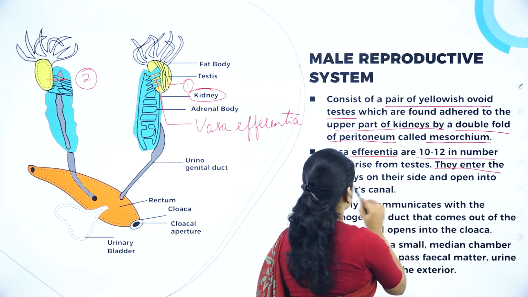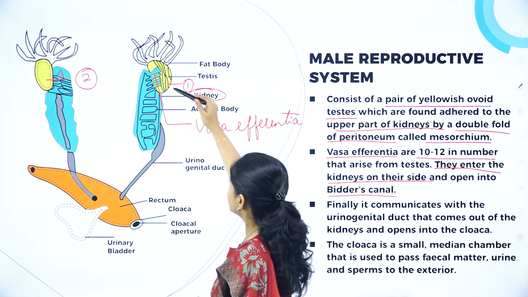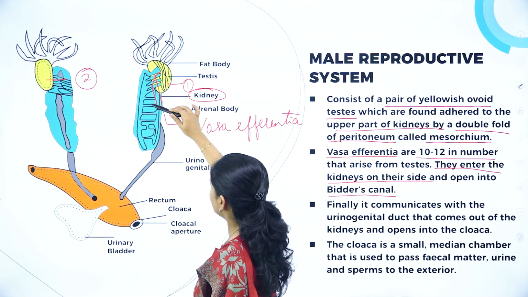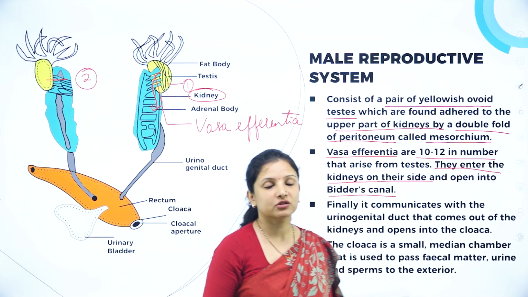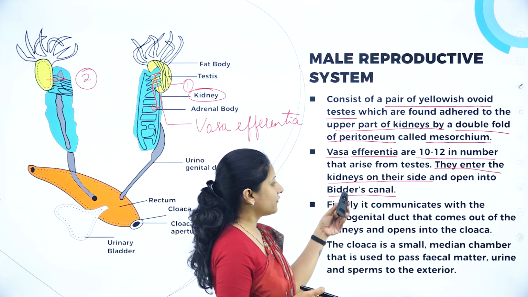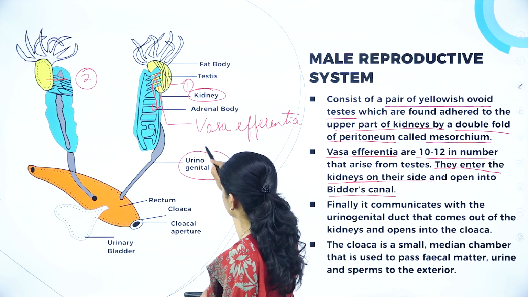So they enter into the kidneys on their side and open into the Bidder's canal. So this vasa efferentia enters into the kidney, and from the kidney they open into a canal-like structure called Bidder's canal, and from the Bidder's canal it will open into the urinogenital duct.